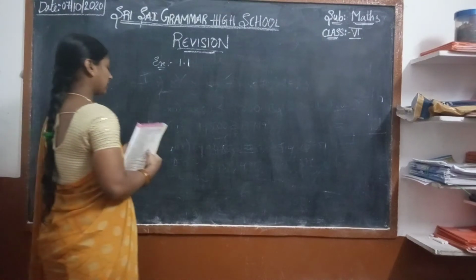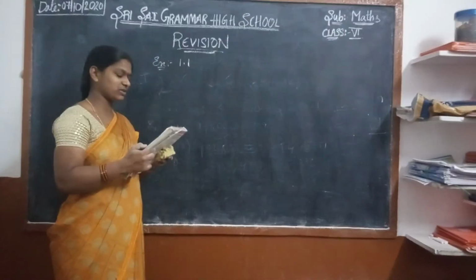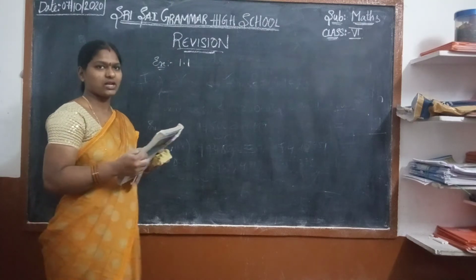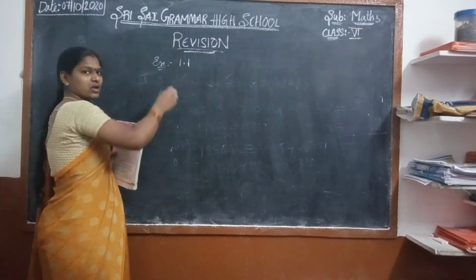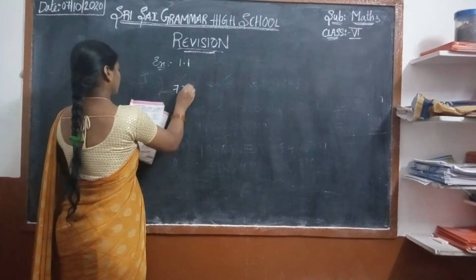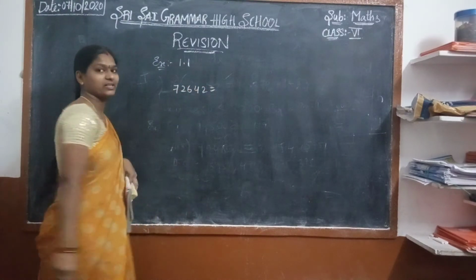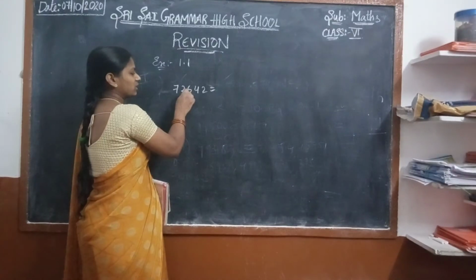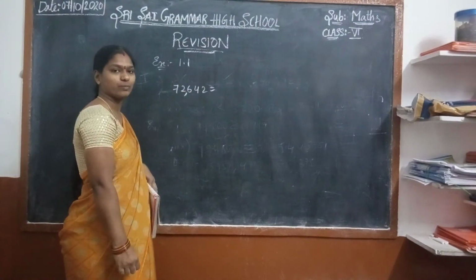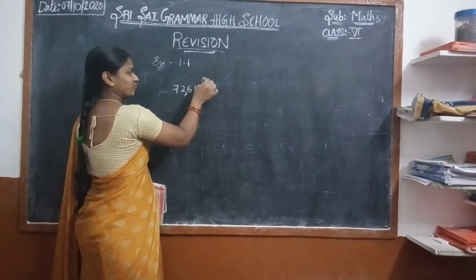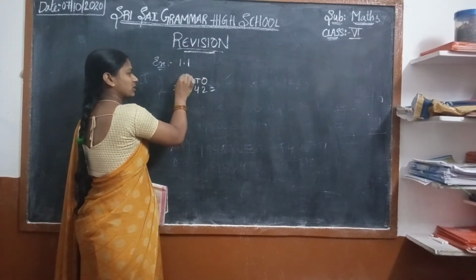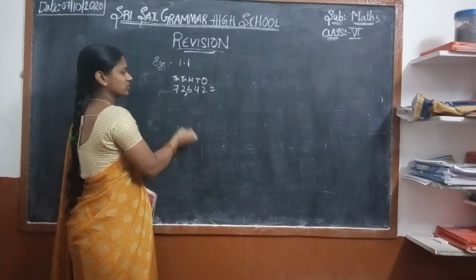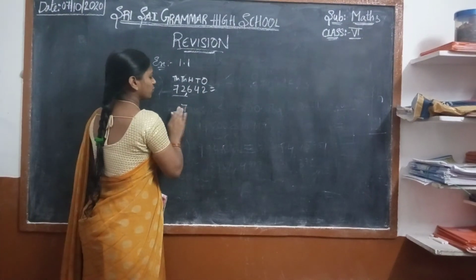Now see, write the numbers in words. Nana, you know how to write the numbers in words. If they give 72642 and say to write the number in words, you first have to divide with commas. Afterwards, give the place values: ones, tens, hundreds, thousands, ten thousands. Now, this is 72,000.